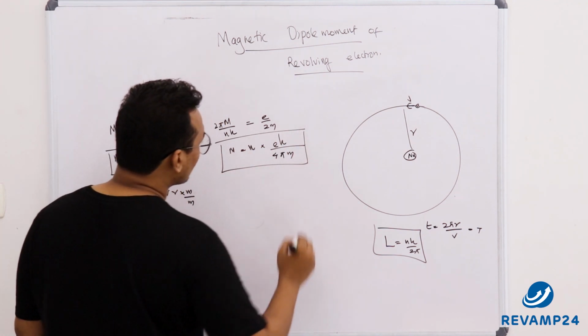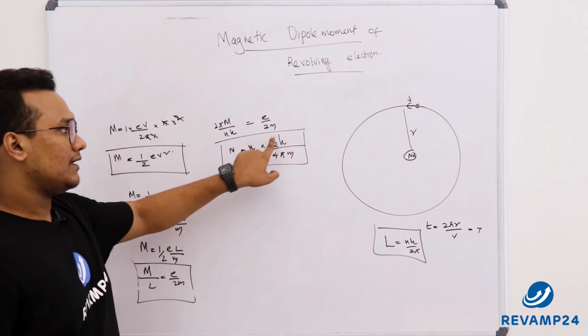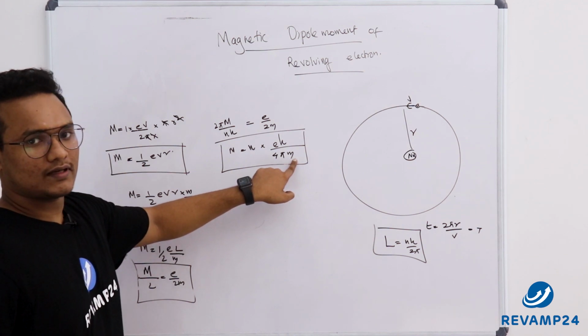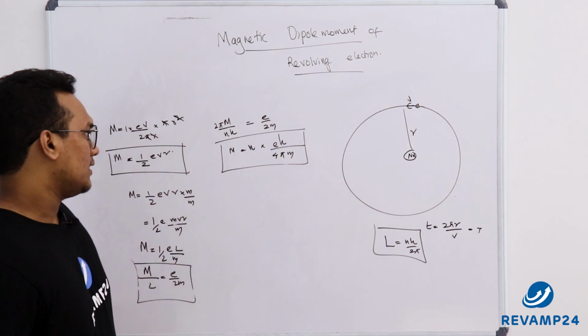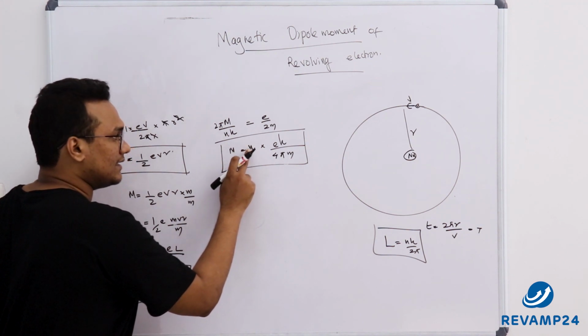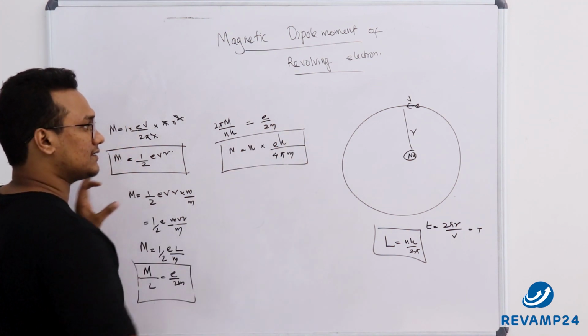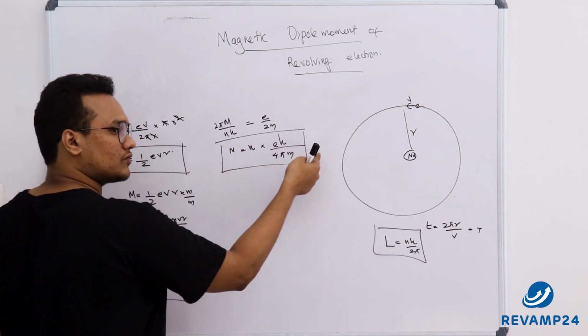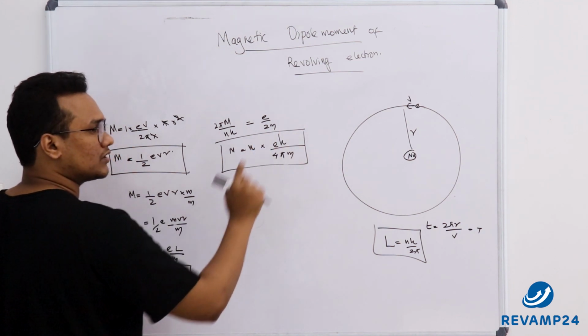See one thing: h is a constant, e is a constant, 4 is a constant, pi is a constant, and the mass of an electron is a constant. So I can say that the magnetic moment is an integral multiple of this value, that is eh by 4 pi m. So the magnetic moment can be 1 into this value, 2 into this value, 3 into this value.